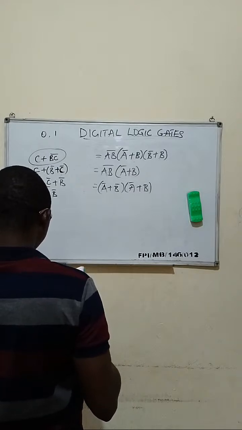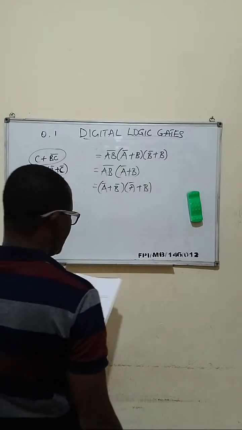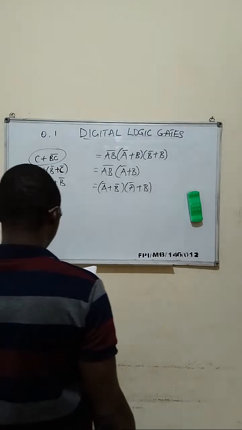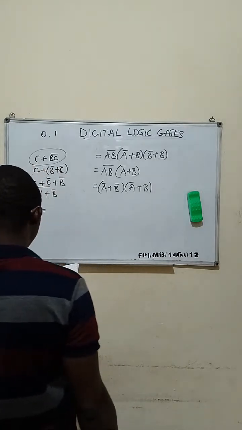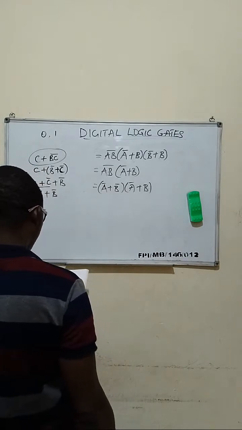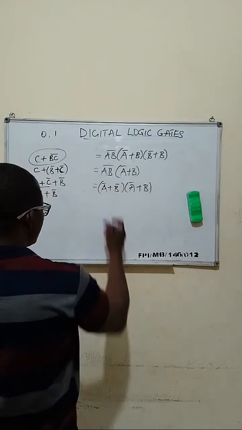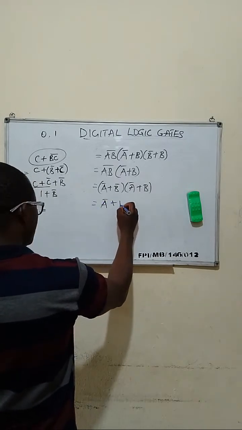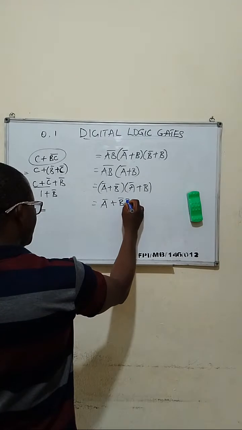But A bar dot A bar will be A bar. That's what will remain. And then B bar dot B bar will also remain. A bar dot B bar, they will be removed, because the distributive law states that. So the output of this is going to be A bar plus B bar B.